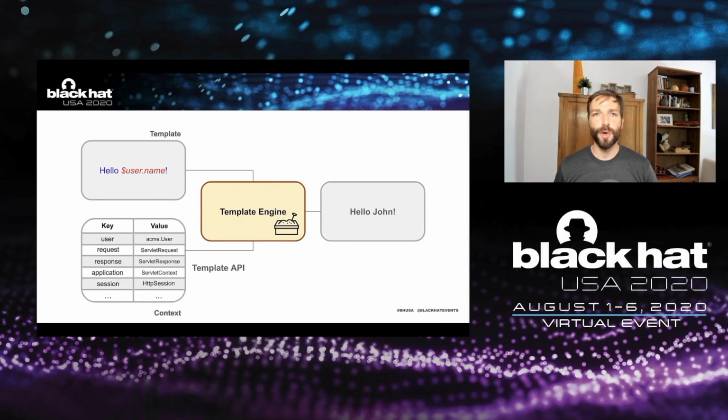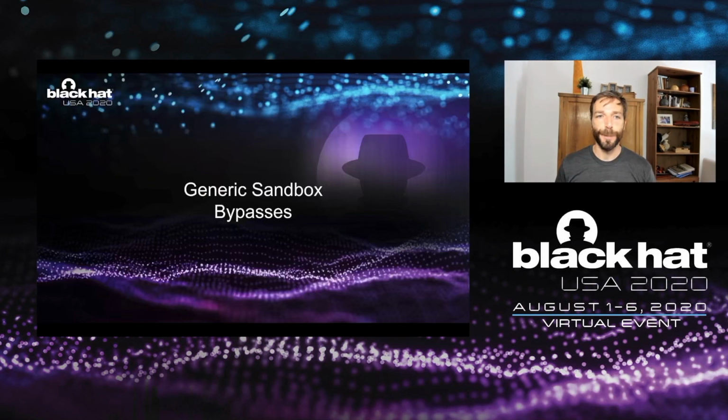Apart from those objects like user that are directly used in the template, these frameworks and content management systems normally expose a number of other objects to the template context. This is known as the template API, and it includes things like the servlet request, response, and the servlet context, just to mention a few.